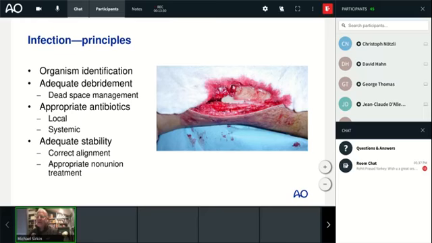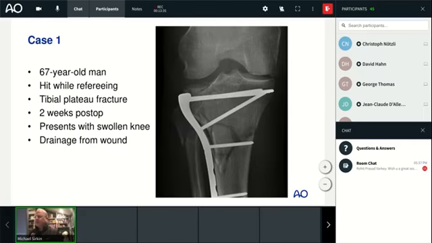Our first case is that of a 67-year-old who was hit while refereeing American football. He had a tibial plateau fracture, and he was 2 weeks post-op when he presented to us with a swollen knee and drainage from his knee.